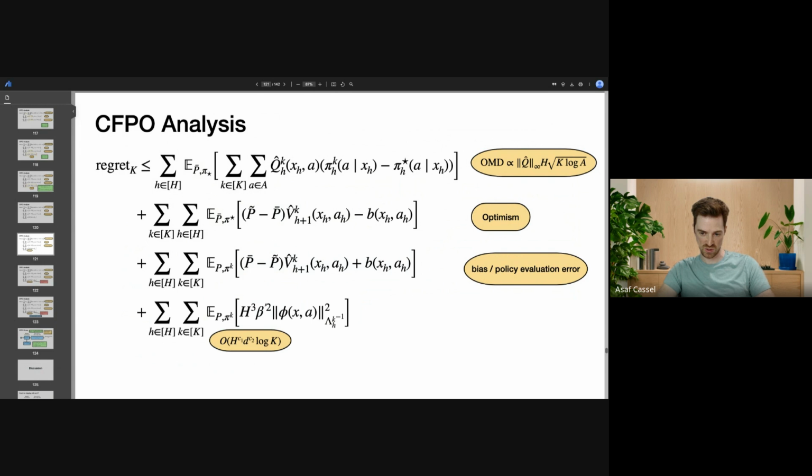So if we chose to take this to the power of 1, we get square root of K here. And the terms of H and D, I think, would be maybe a little bit higher.